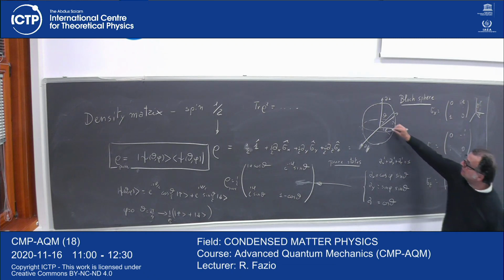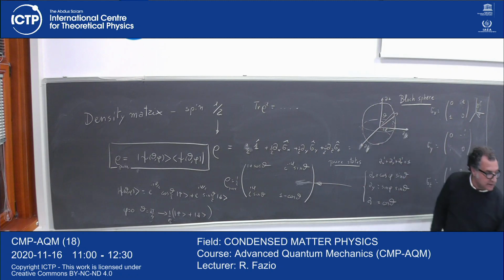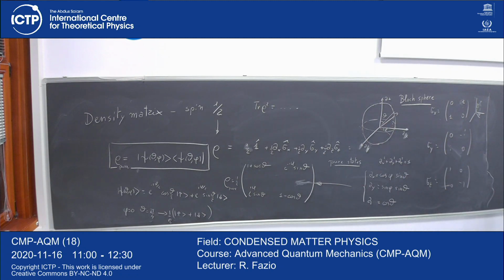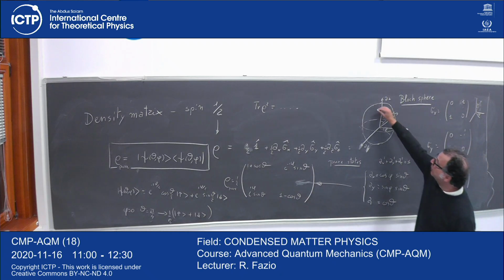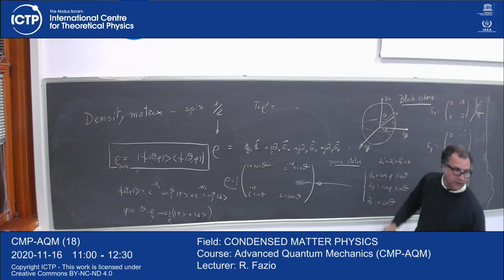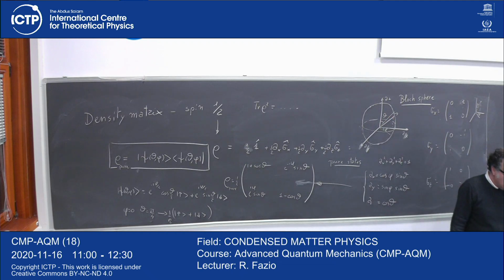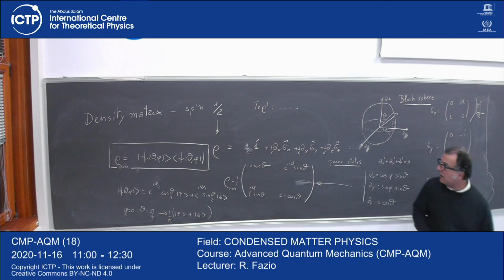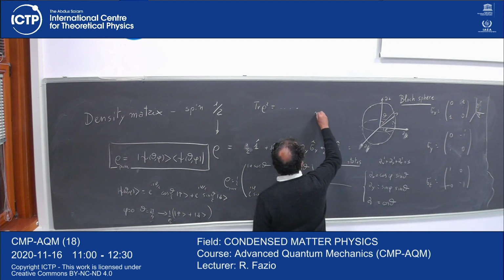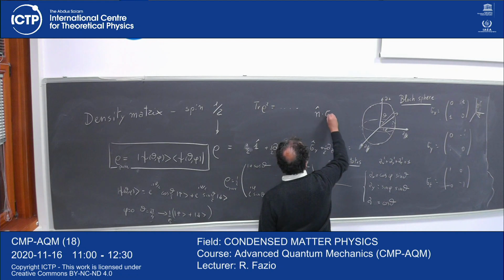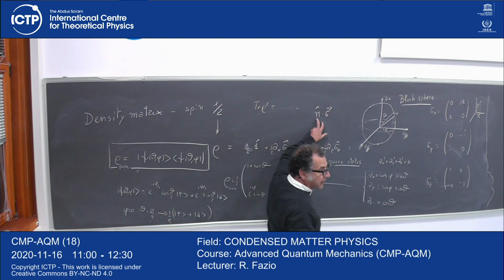And if you take the angles to move along the y-axis, you will find that the states are eigenstates of sigma y. Now, you should verify that for the pure state, any point on the sphere is nothing else than the eigenstate of the spin along the unit vector n.